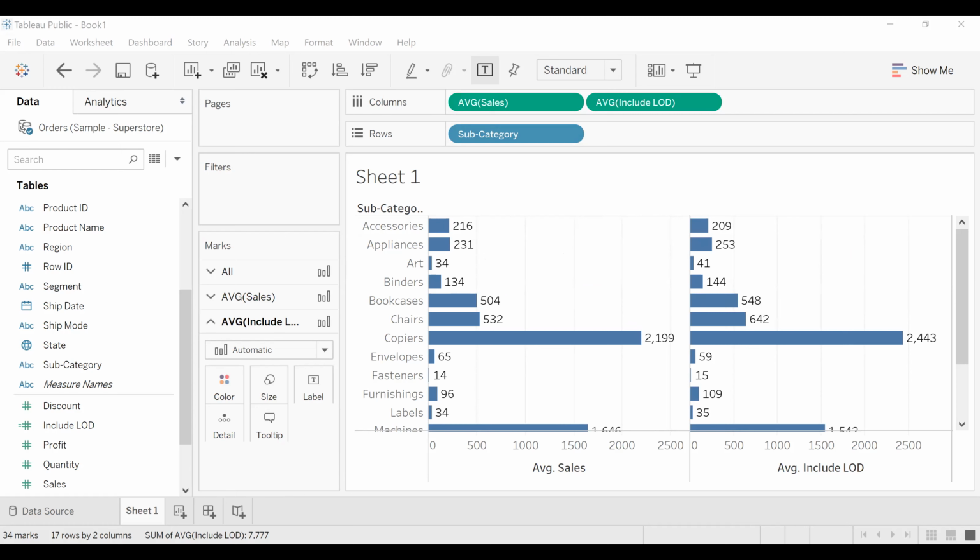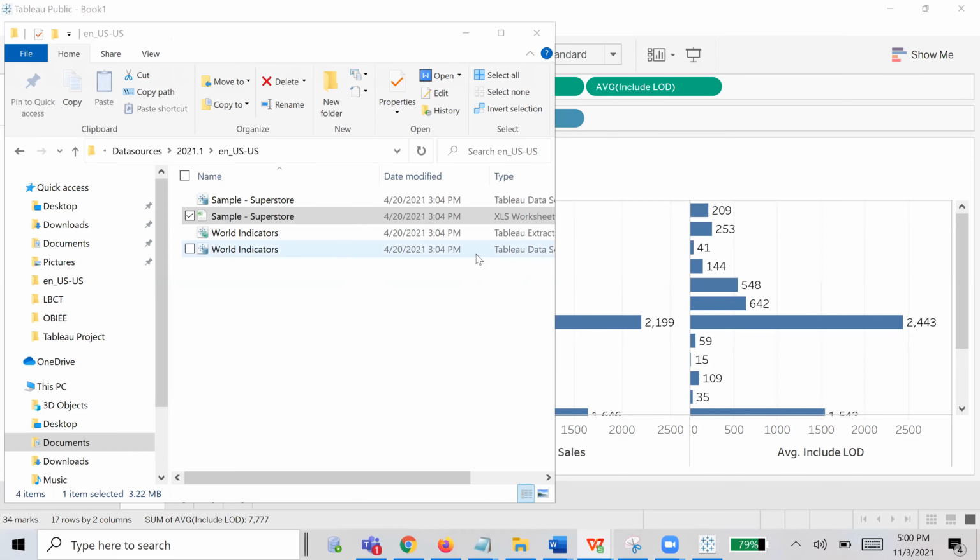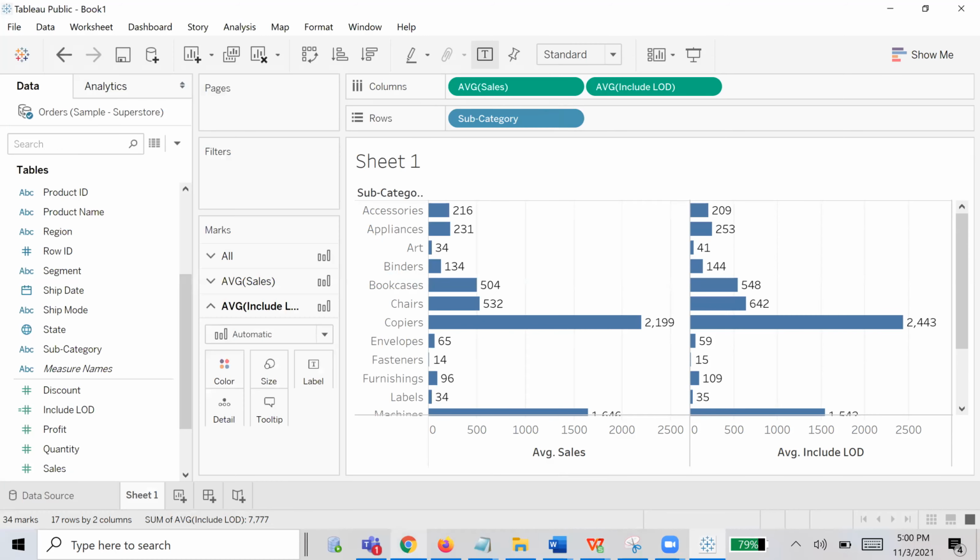Let me open one workbook and I will show the calculation it is trying to do, so you will understand more with the Excel data that we have. Can you see the Excel data?